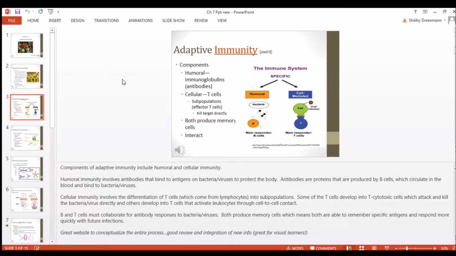B and T cells must collaborate for antibody response and produce memory cells, which means they are both able to remember specific antigens and respond more quickly.